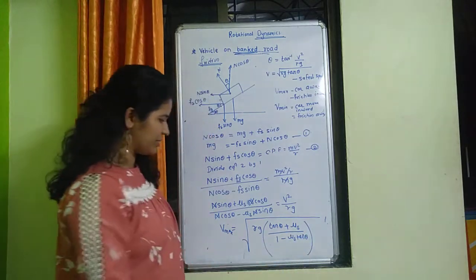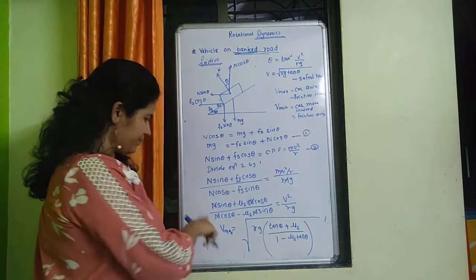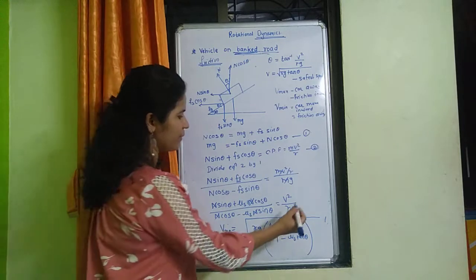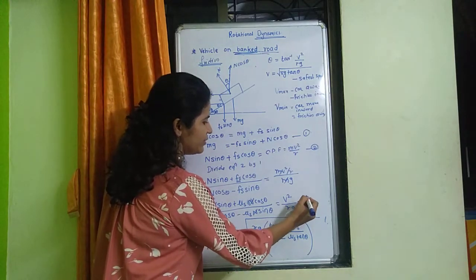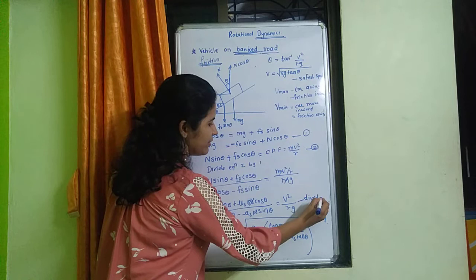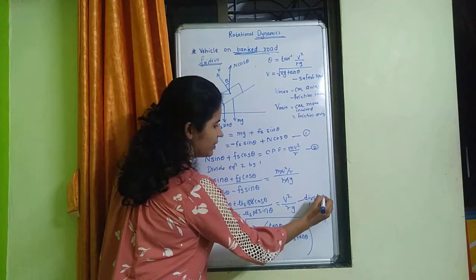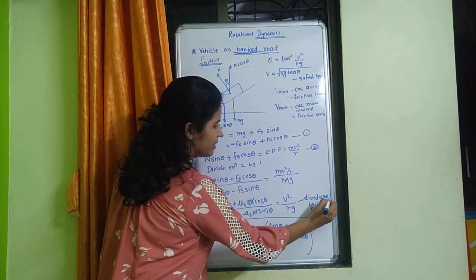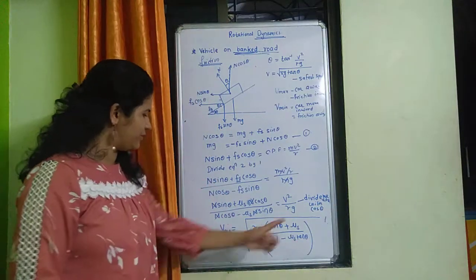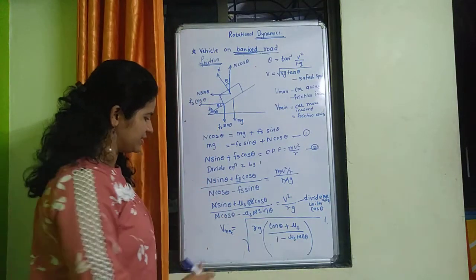We write this equation in terms of the banking angle. This is the maximum speed.